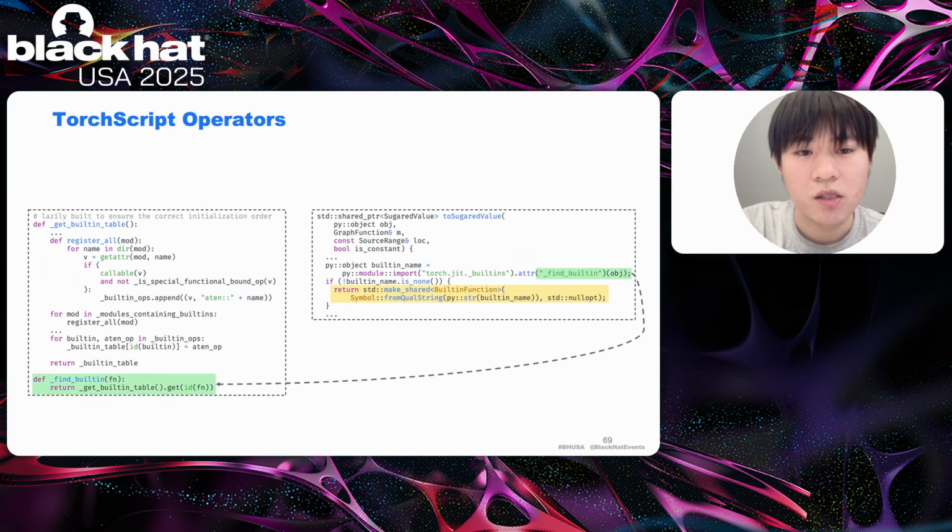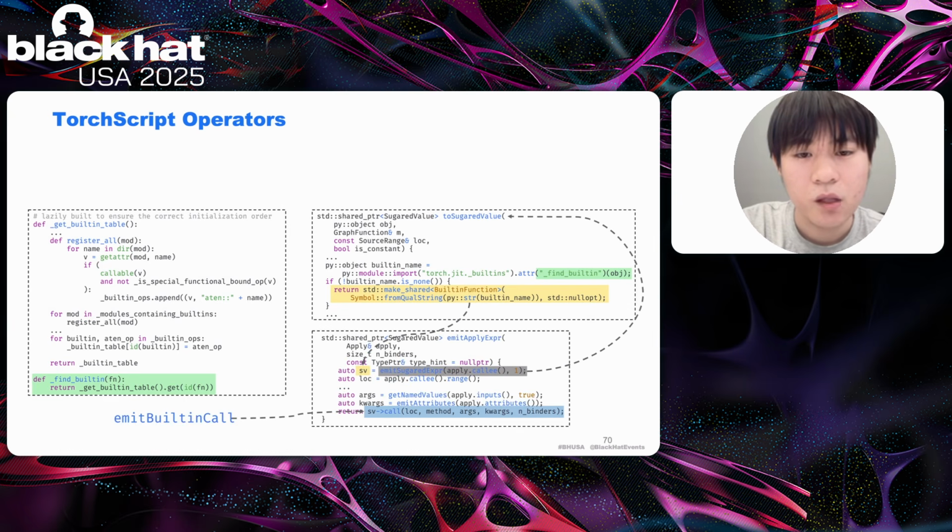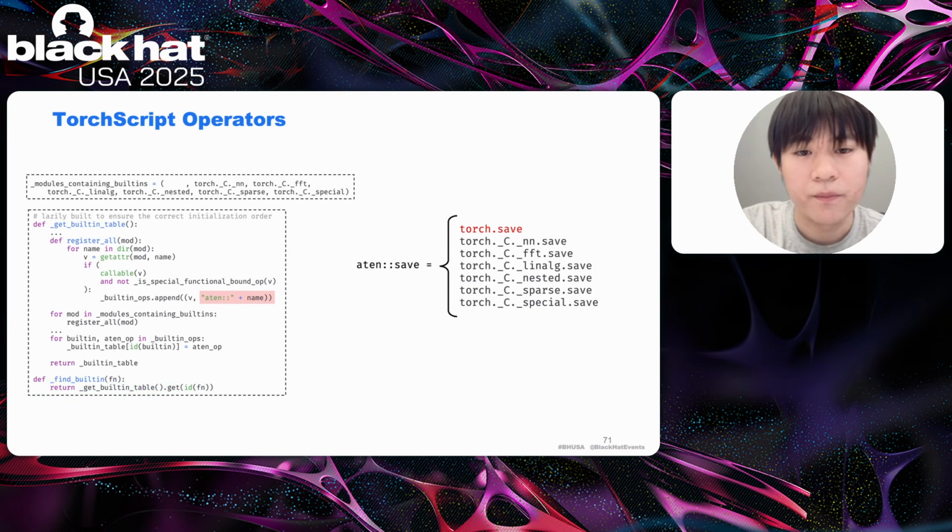During the TorchScript compilation process, toSugaredValue will be triggered, where it checks whether the Python object exists in the builtin table. If it exists, it returns a builtin function. Finally, this builtin function will be inserted into the IR graph through emit builtin call.